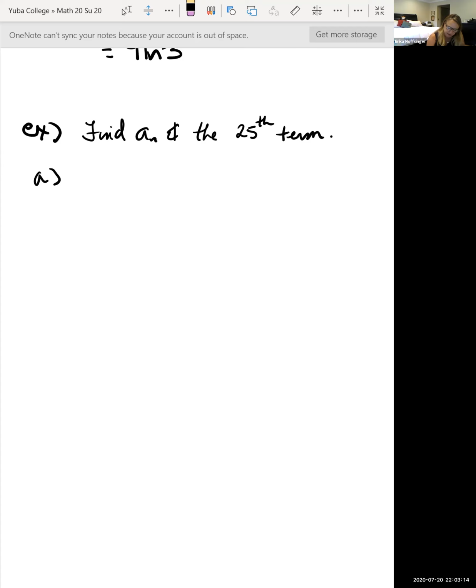So you're given that a sub 1 is equal to -2, and d, your common difference, is equal to 4. So this is where that third formula that we derived would be very helpful. So we know the nth term can be written given the first term, a sub 1, plus n minus 1 times d.